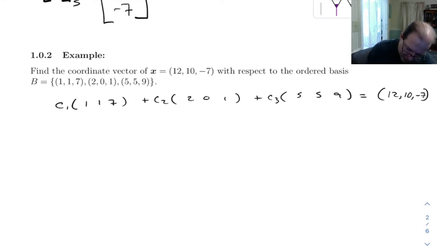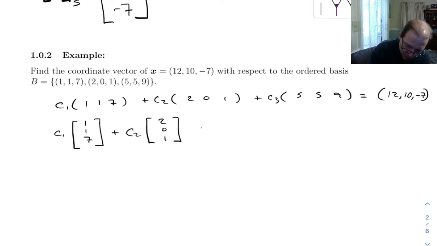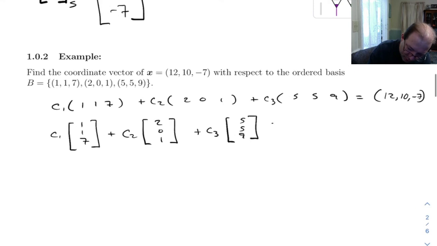And you could write it like this, or you could write each one of these as a column vector. So we're just trying to figure out what the coordinates are that give us 12, 10, negative 7.